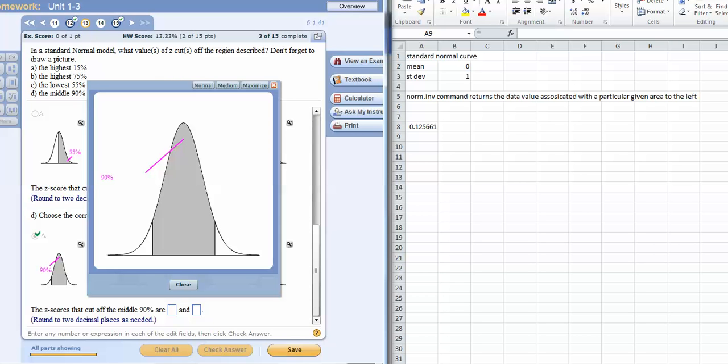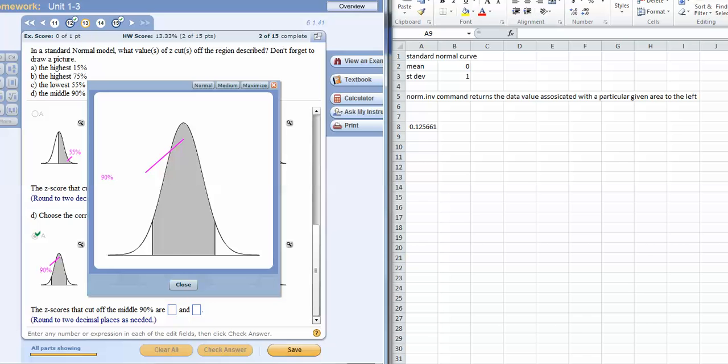So with norm inverse, this is 90% and you have 10% left to split between the tails. So this white part on this side is going to be 5%, or 0.05. If you do the norm inverse of 0.05, you'll get a negative number, and the positive of that will be on the other side, or you can do norm inverse 0.95 and you get the same value.